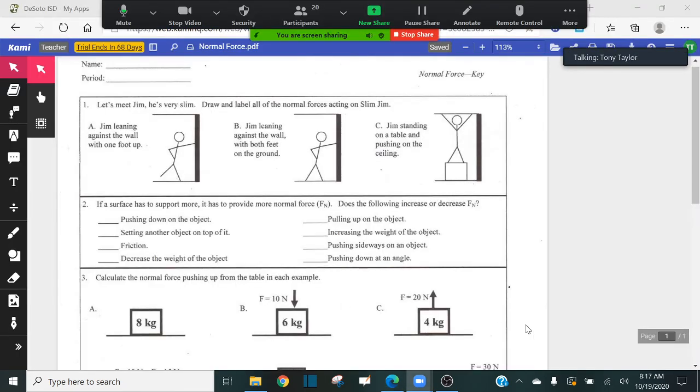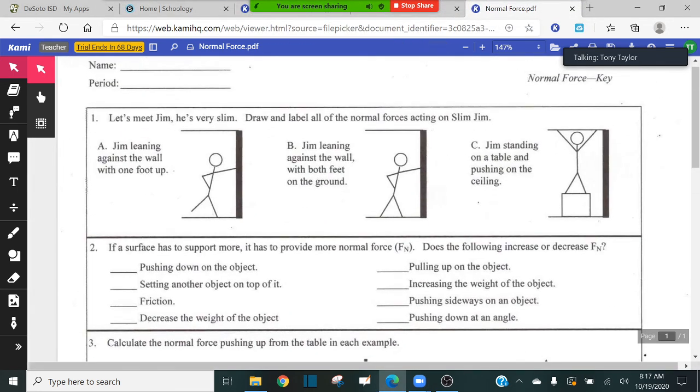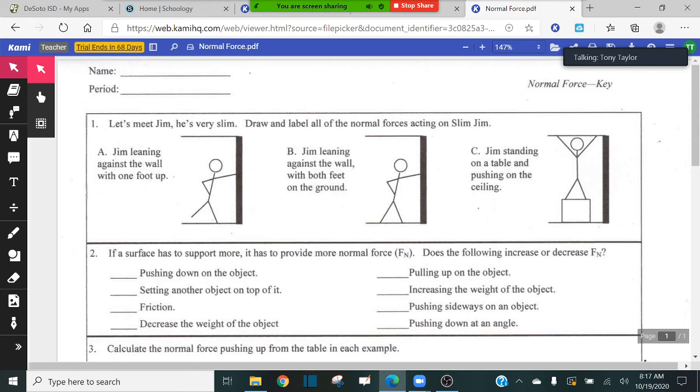One of the things that the assignment is going to ask you later on today is, are the normal forces labeled correctly?